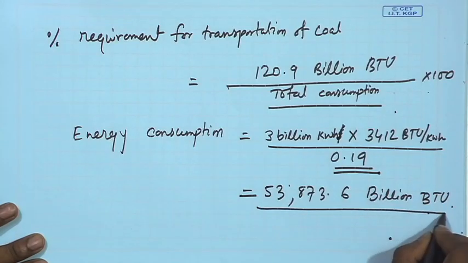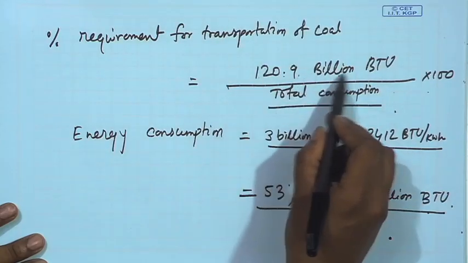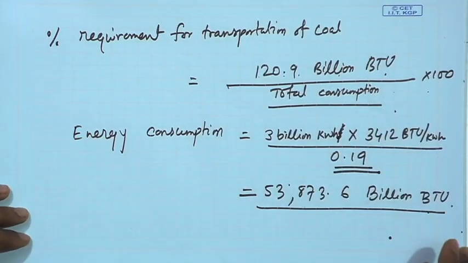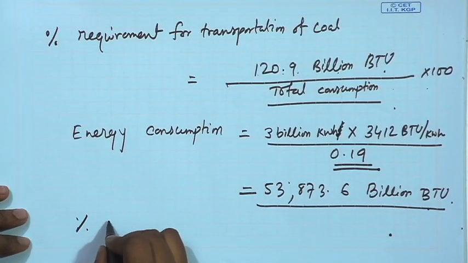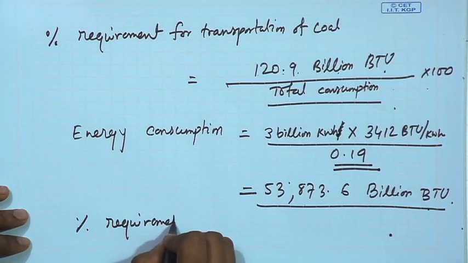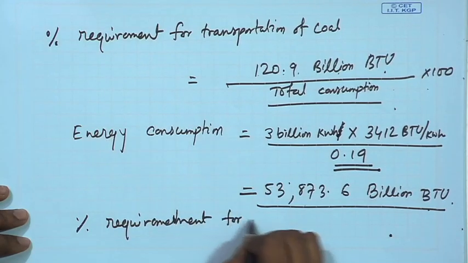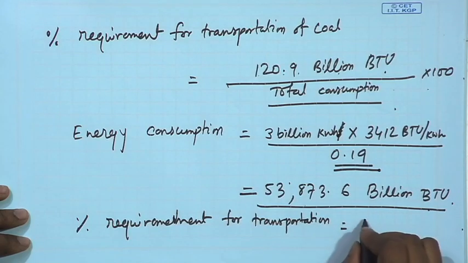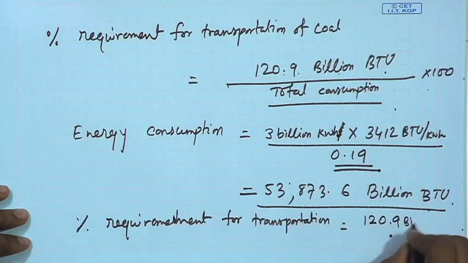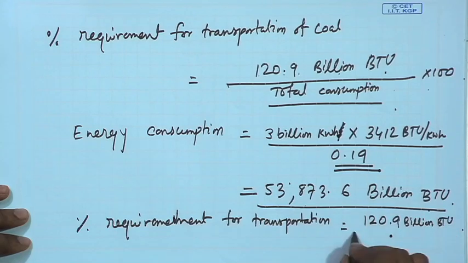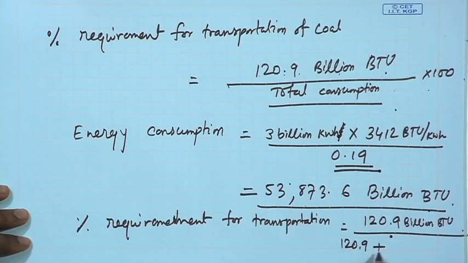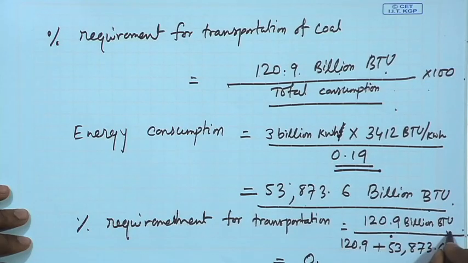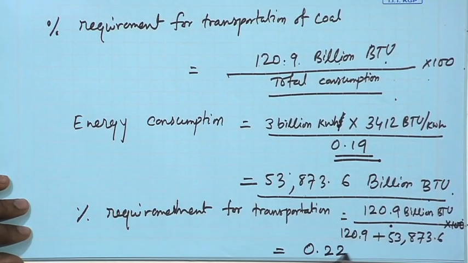Now we have this, and we have 120.9 billion BTU for transportation of coal. So we can calculate the percentage requirement for transportation. This will be 120.9 billion BTU divided by 120.9 plus this one, 53873.6 billion BTU, times 100. So this will be 0.22 percent.